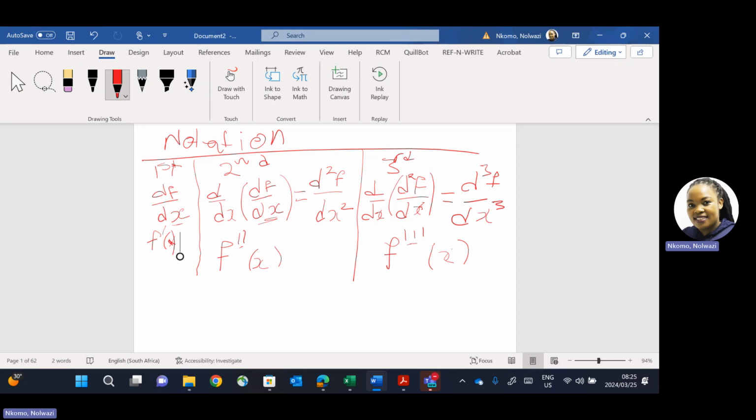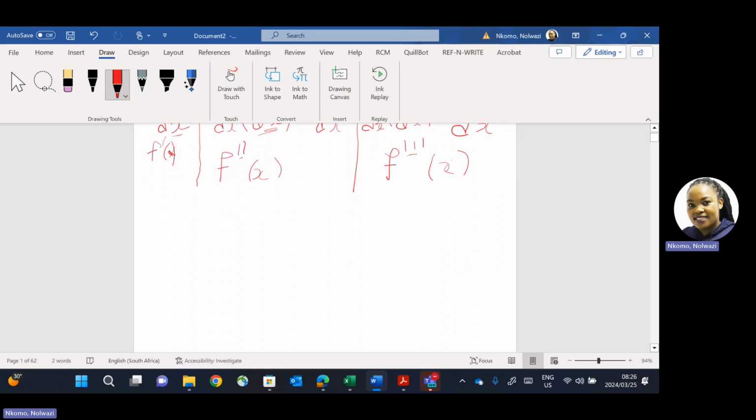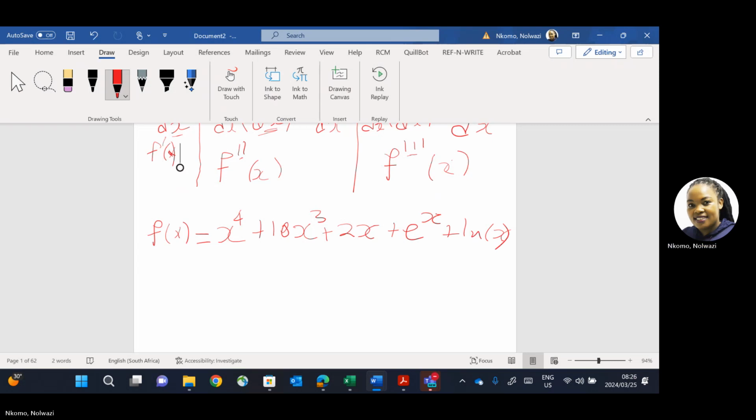Let's do an example on finding the second, third, and fourth derivative. Suppose you are given a function f of x equals x to the power 4 plus 10x cubed plus 2x plus e to the power x plus ln x, and you are asked to find the fourth order derivative.